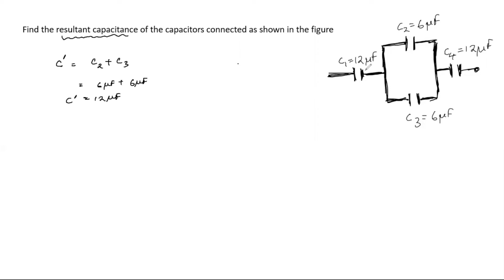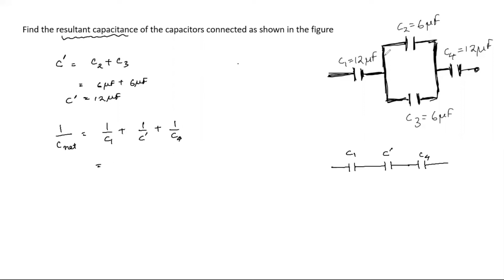Now this circuit diagram we can redraw something like this. This is our C1, and instead of drawing this parallel arrangement, we can directly write this effective capacitor. And that is C4, and this is C dash. Right? All these three capacitors are now arranged in series, so we can find our effective capacitance. Let's say it is C net, and it equals 1 by C1 plus 1 by C dash plus 1 by C4.